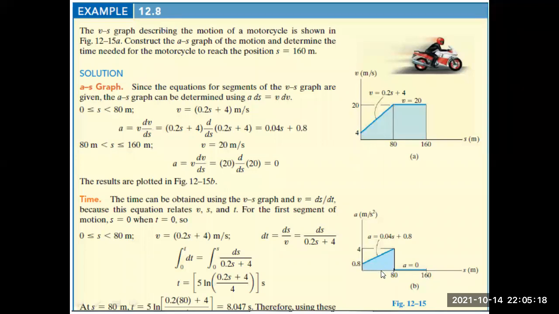So how much time does this motorcycle need to reach its final position? This is the position. How can I calculate the time? Is there any way to calculate the time?